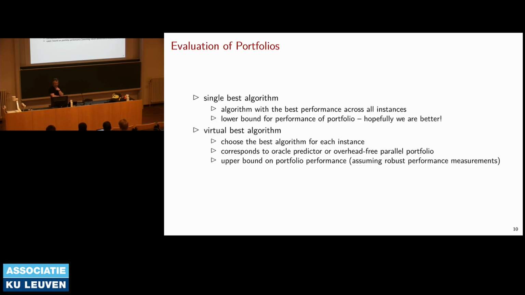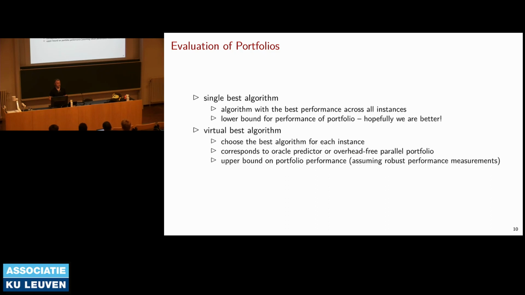Okay, a little bit of terminology and background here, and I've sneaked that past you on one of the previous slides already. When we have these portfolios and when we do algorithm selection, the question is always how do we evaluate this, and we usually have a look at 2 things as references. On one hand, we have the single best algorithm, and this is simply the one that does best on average across the entire set of instances that we are interested in solving.